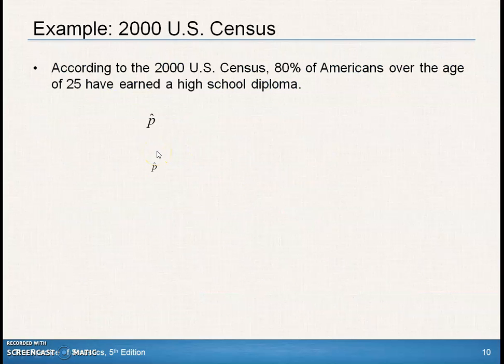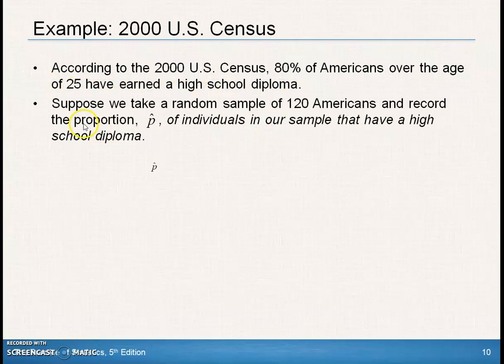There will be a census in 2020, this year, because they do it every 10 years. In the 2000 census, 80% of Americans over the age of 25 had earned a high school diploma. Take a random sample of 120 Americans, and record the proportion, p cap, of the individuals in our sample that have a high school diploma.